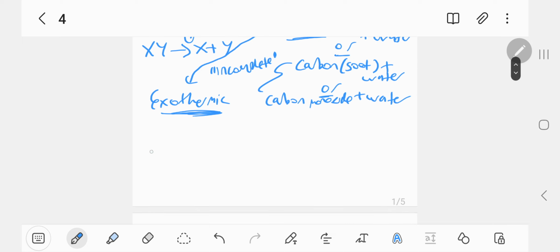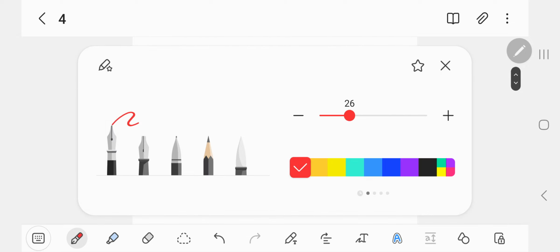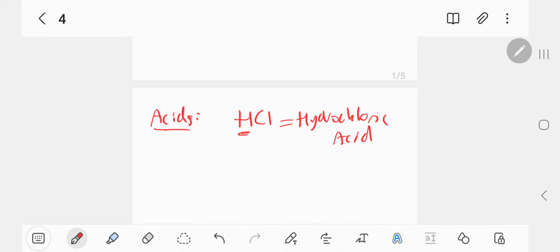Let's look at some examples. Acid-base, classic textbook example. So before I get into that, actually, common acids you need to know off by heart. You need to know these chemical formulas and names. HCl, this is hydrochloric acid. Hydro for H, chloric for Cl.